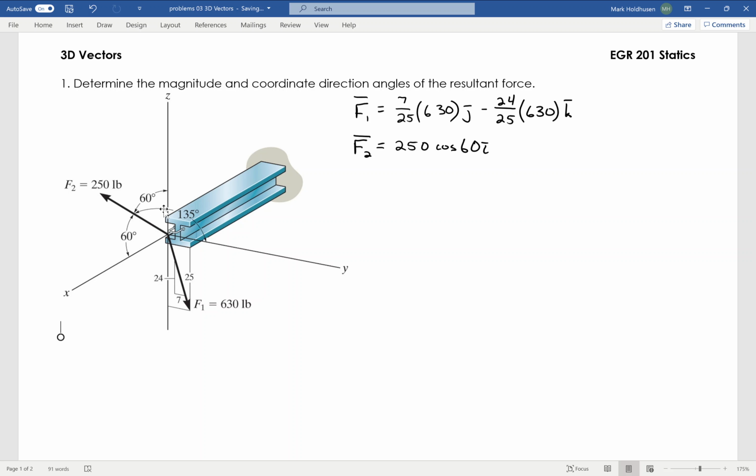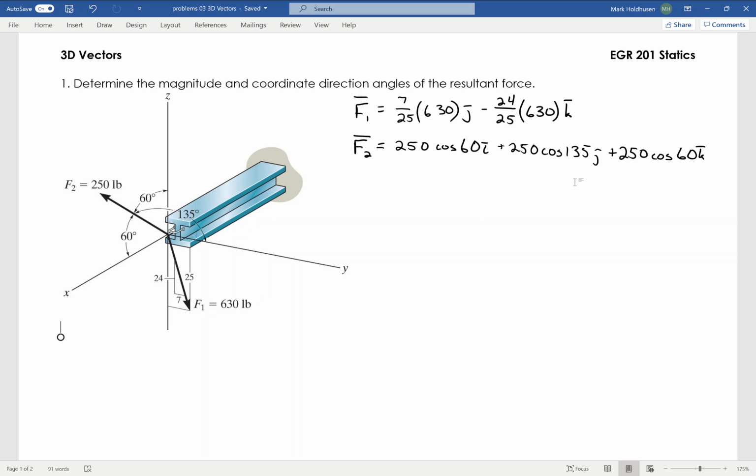From j, it's 135 from the y, so it's going to be plus 250 cosine 135j plus 250 cosine 60 in the k direction, which again represents this angle from the z down to the angle there. Now, notice that this j is actually pointing in the negative y direction. Cosine of 135 is negative 0.707, so that negative will automatically go in there.